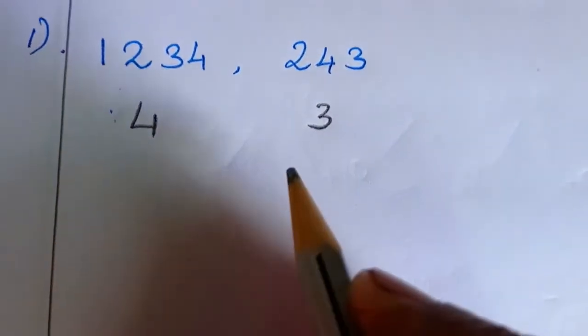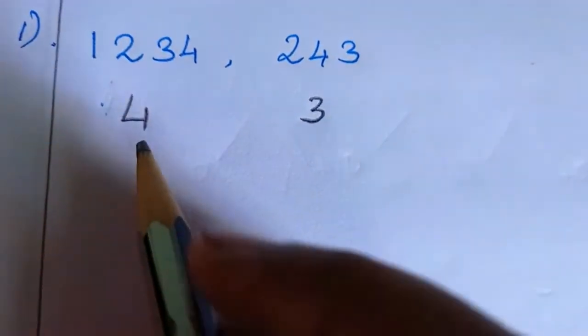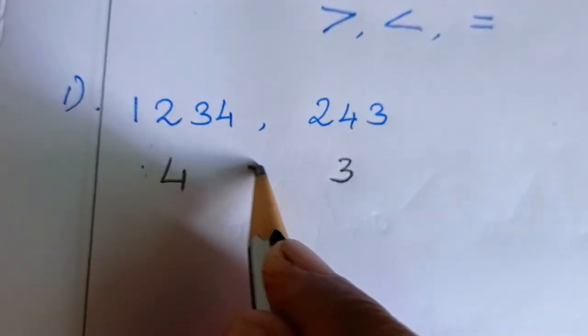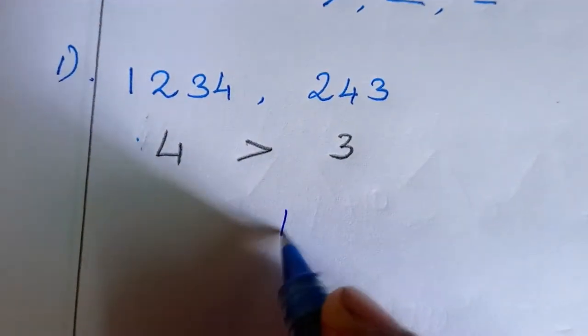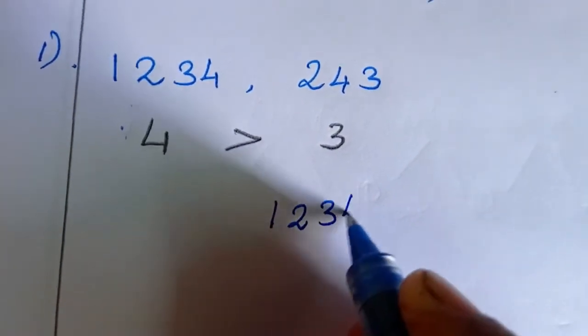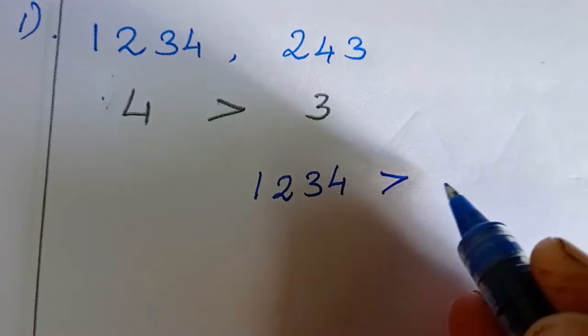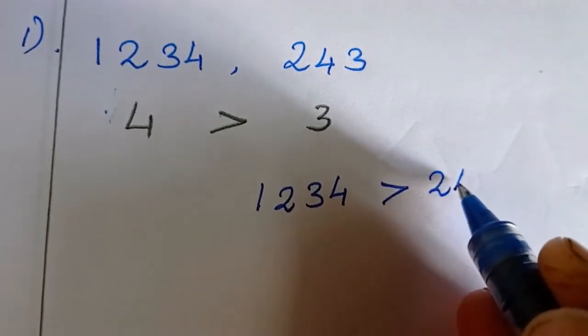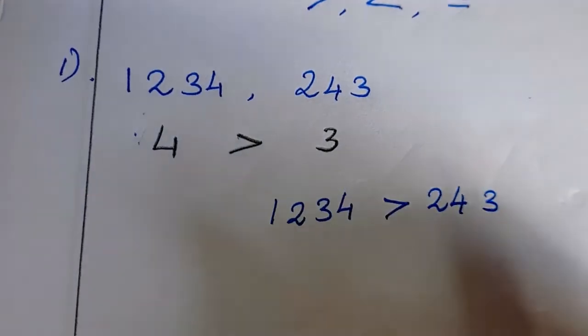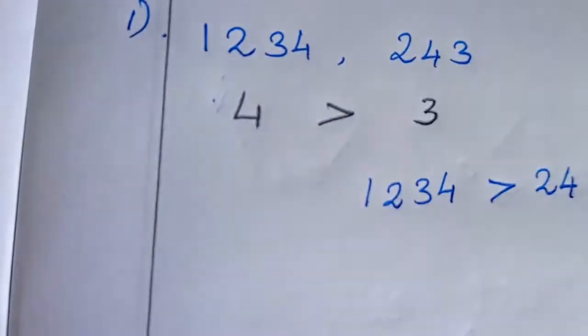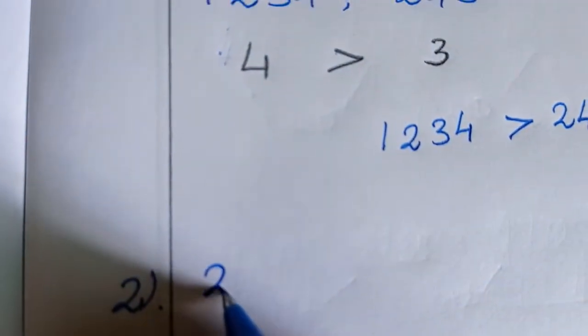Which one is greater, 3 or 4? Yes, 4 is greater. So we conclude that 1234 is greater than 234. Okay children?